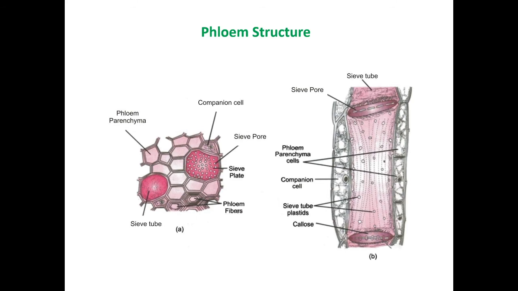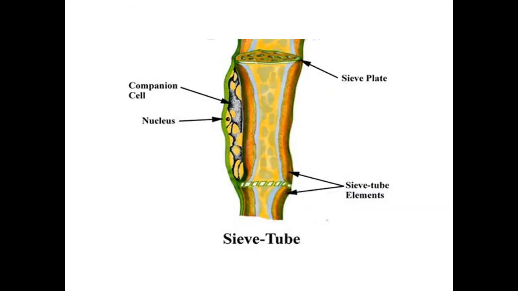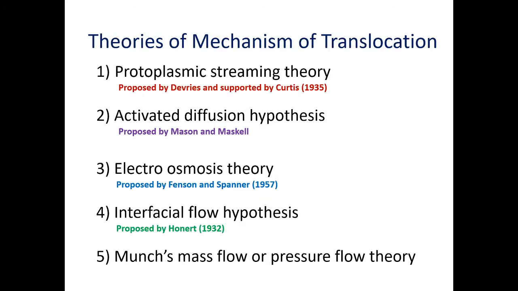And now we will see the mechanism of translocation. There are different theories of the mechanism of translocation. These organic solutes are translocated in upward as well as downward direction through phloem, as I said earlier. So this mechanism can be explained by different theories.